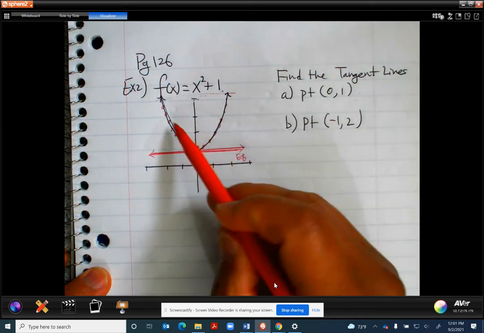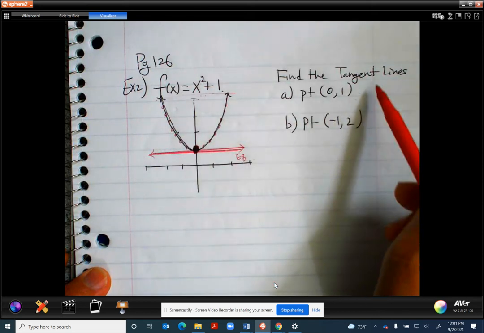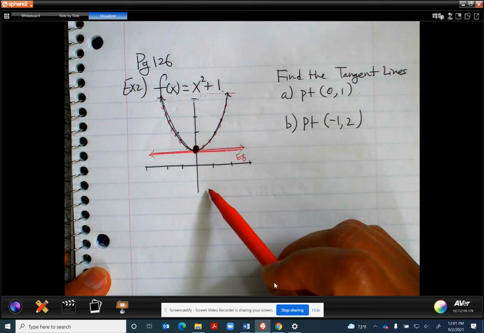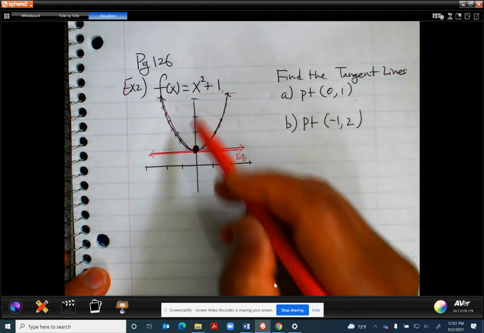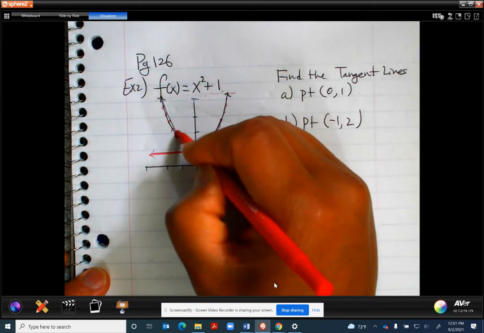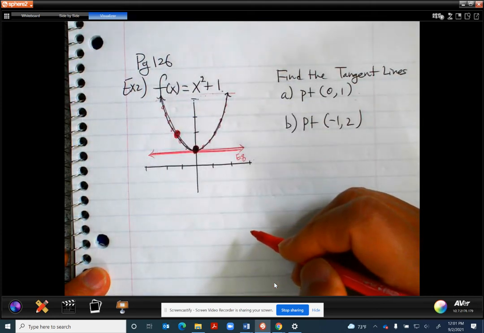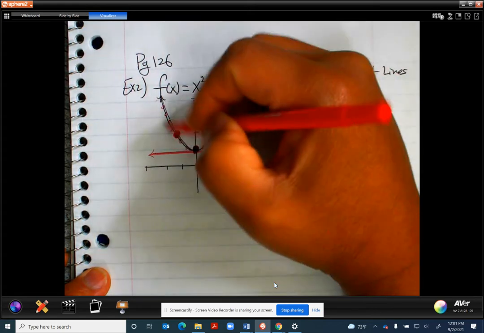Alright, again, we don't want to find a whole bunch of points. We just want to find 2 points. First one is there. Where's our second point? -1, 2. -1, 2 is approximately over here, isn't it? Can you visualize a tangent line that goes through this point? Doesn't it go through like this?